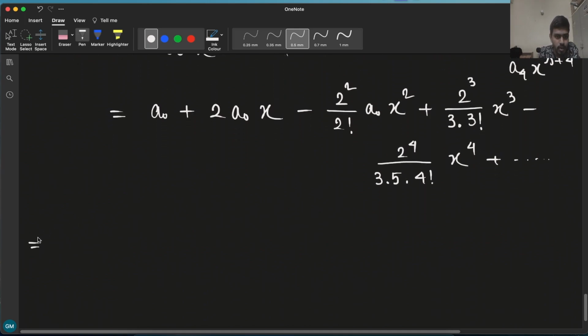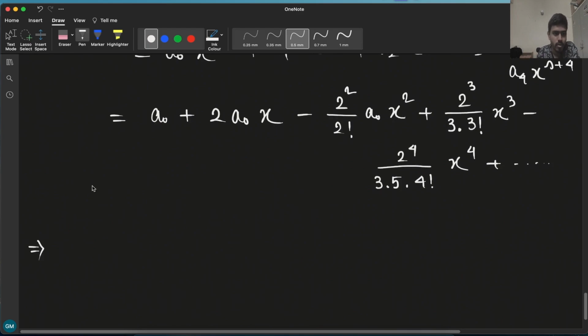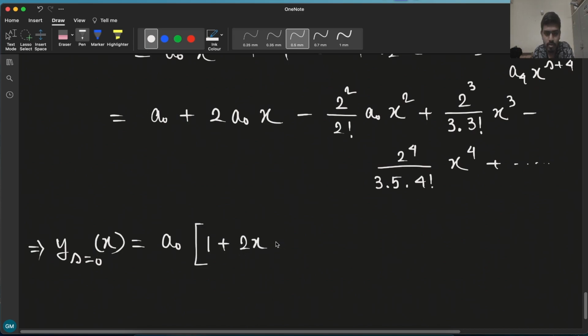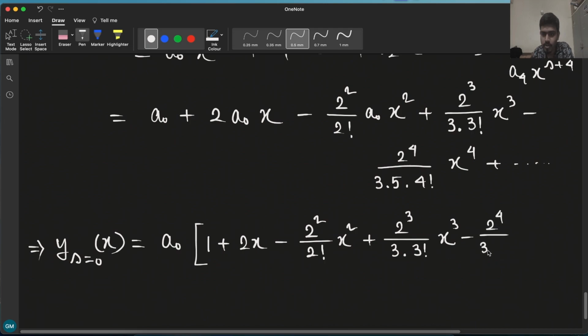And so it means I can take this a0 common, and the series will be, so y for s equals 0, it will be 1 plus 2x minus 2 square divided by 2 factorial times x square plus 2 cube divided by 3 times 3 factorial times x cube minus 2 to the power 4 divided by 3 times 5 times 4 factorial x to the power 4 plus dot dot dot.